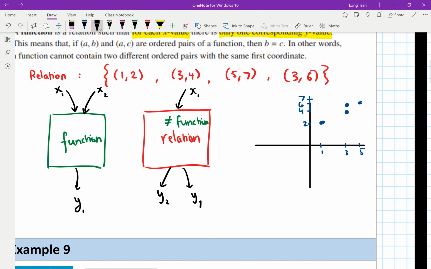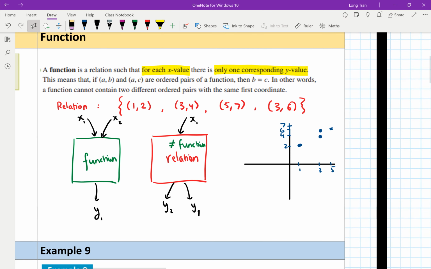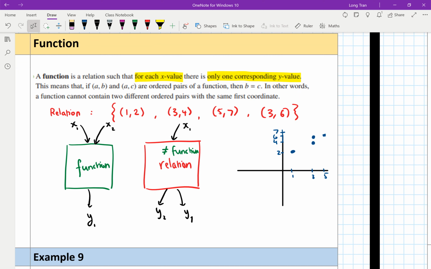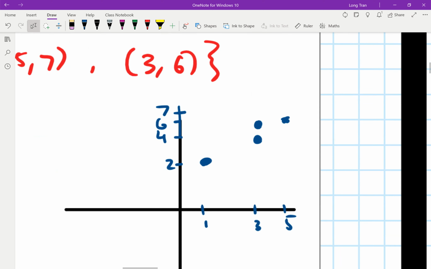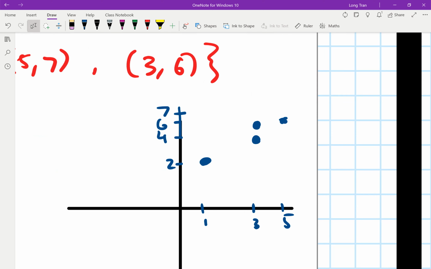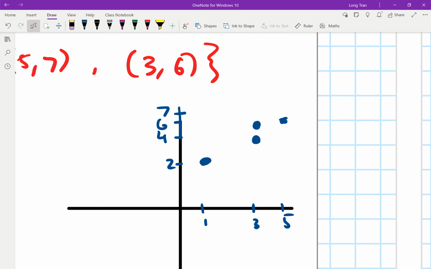So in this example, technically this is not a function, because you see, when x equals 3, I have two possible y values. At 3, I could get a 4, or at 3, I can get a 6.